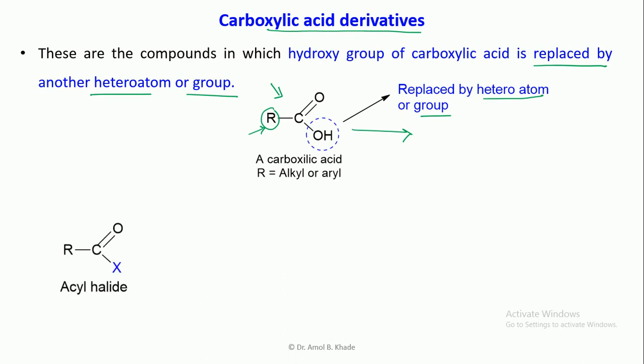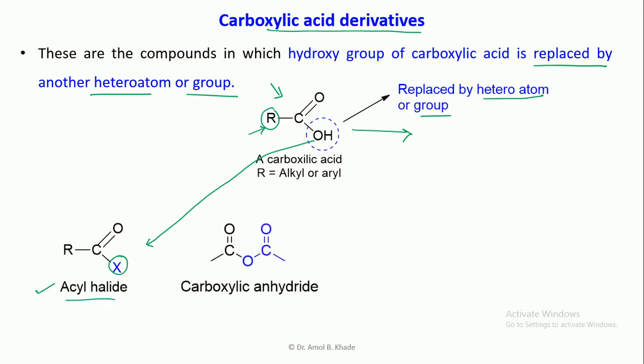Okay, so how can we replace? Now you can see here the hydroxyl group is replaced with X. X is nothing but a halogen atom, like iodine, bromine, chlorine, and so on. So when this OH is replaced by a halogen atom, we refer to them as derivatives of carboxylic acid, and to be specific, it is referred to as an acyl halide.